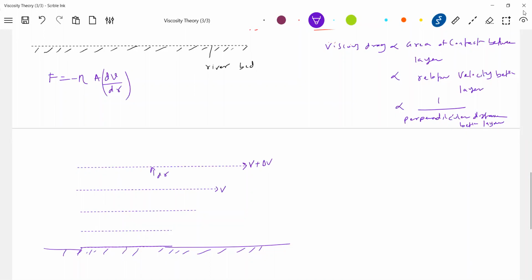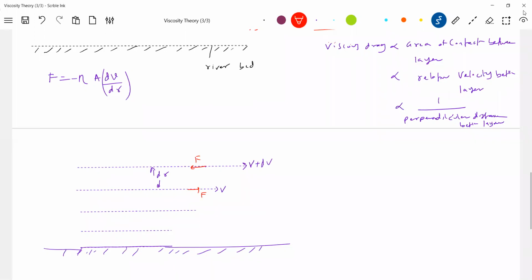And what is dr? dr will be like this. Fine. So what I'm showing is the velocity profile. Then in what direction should the viscous drag act on this? It should be F like this, and the F should be like this.